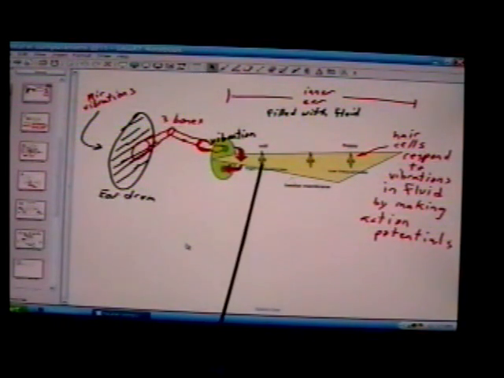Place coding is the idea that each hair cell is responsive to a certain frequency. High frequency sounds activate the hair cells nearest to the window. Low frequency sounds activate hair cells farther away from the window. The loudness, or the amplitude of each frequency, is represented by the frequency of action potentials generated by each of the hair cells.